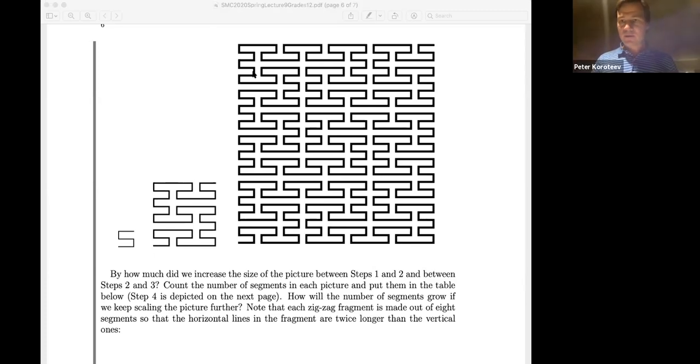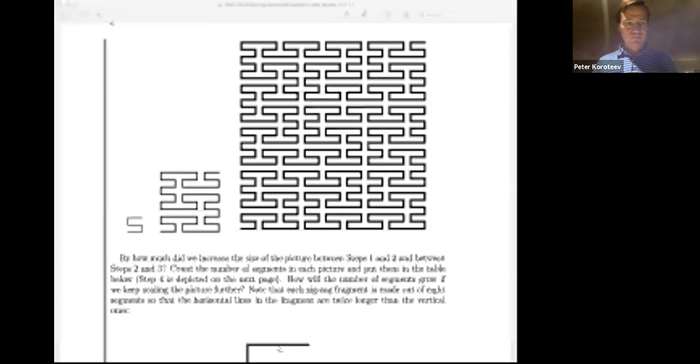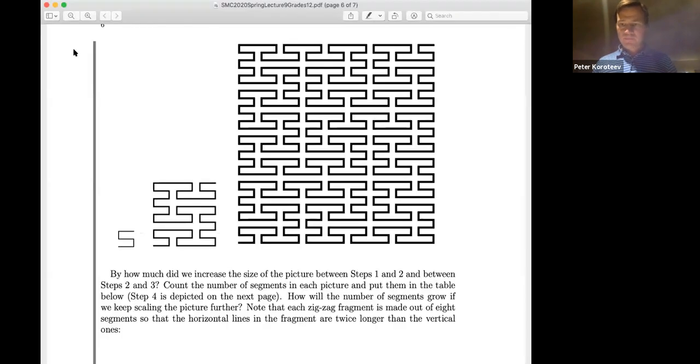Okay, I'm back. So I see that we counted... where's the PDF? There you go. So 26, right? I think 26 is the right answer. So 26 is the number of segments for step 2. Is that right, Sophie? So the number of segments goes like this: 8, then 26.